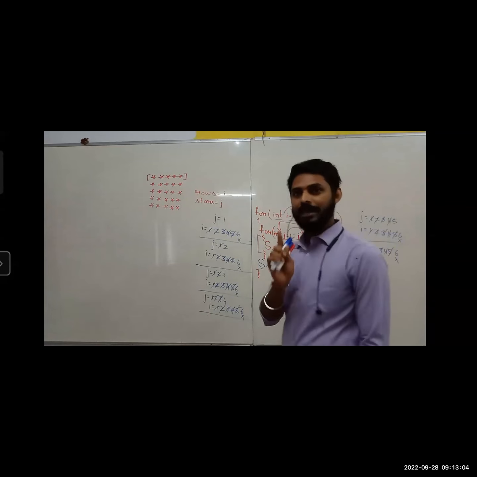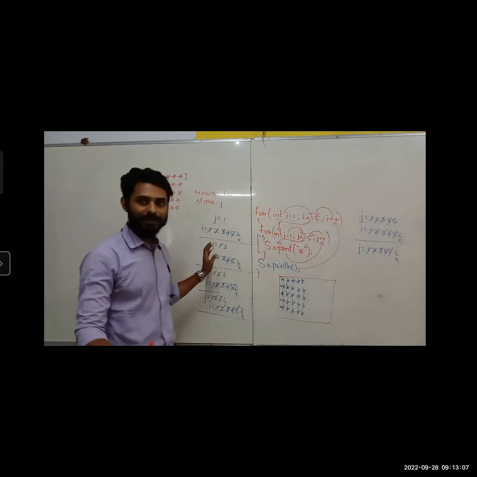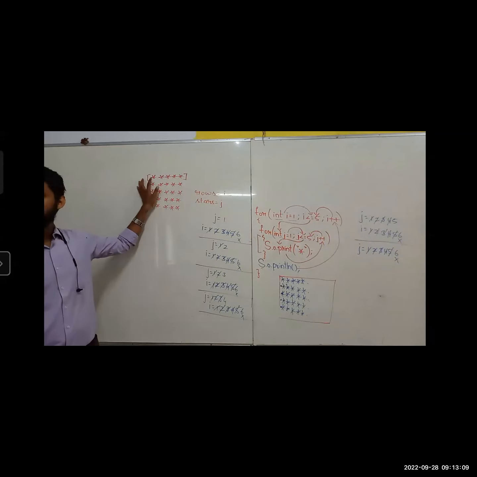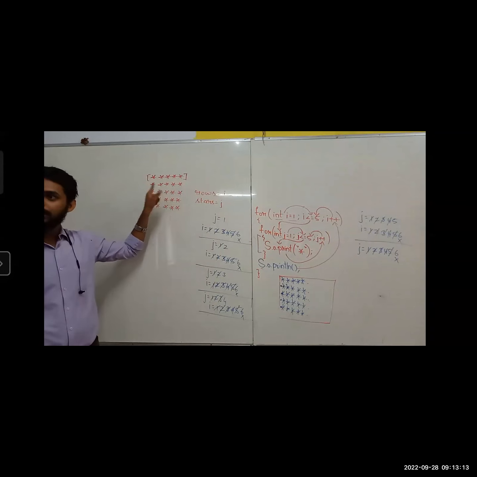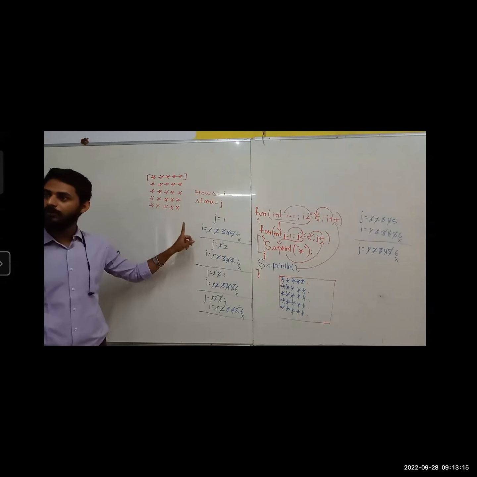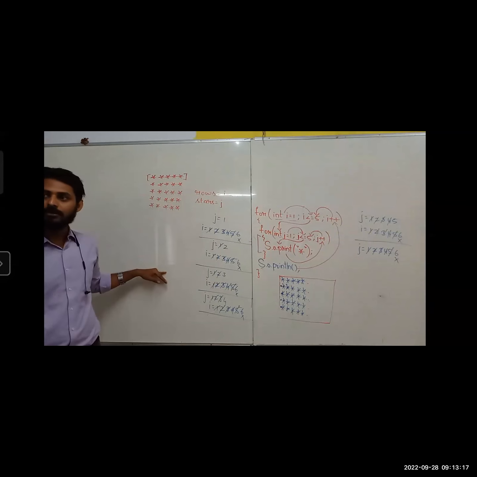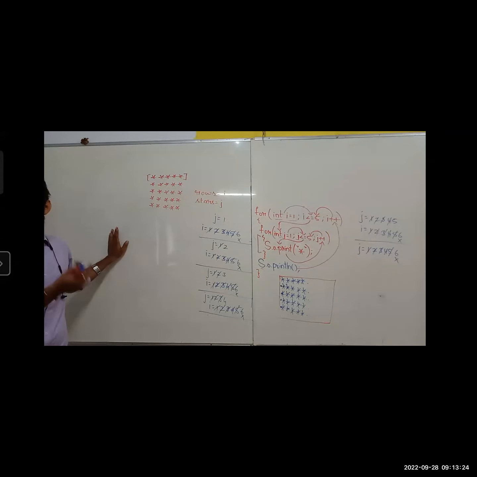Stars remain the same. If you observe, if that is the case, in the first row I should have done 1 star. But did I do 1 star? In first row 5 stars, second row 5, third row 5, fourth row 5, fifth row 5. Then what will be the 10th row? 5 only. How will it become 10? That is what I'm telling. In the 10th row, if it should become 10, then in the first row what should it become? 1.